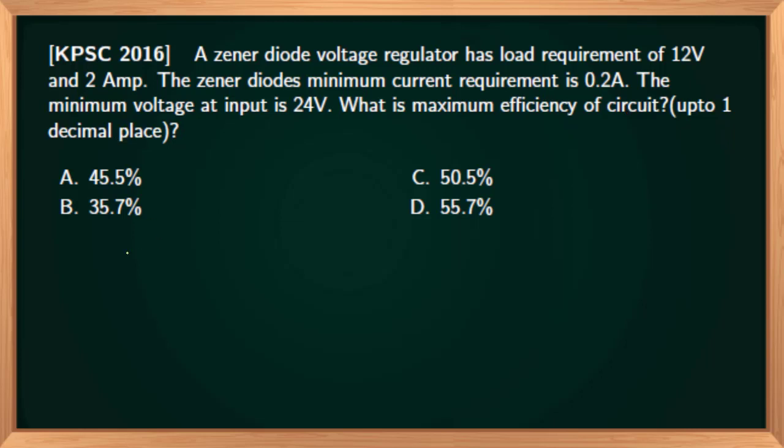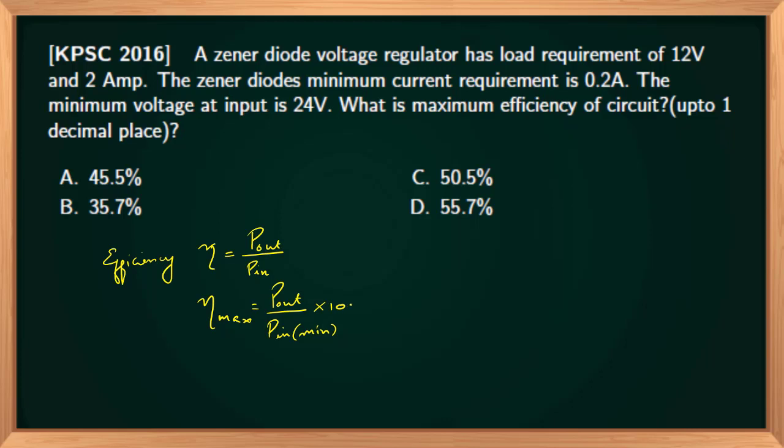What is efficiency? Efficiency eta equals power output by power input. And the maximum efficiency will be equal to power out by power in minimum. So when input power is minimum, we will get a maximum efficiency.